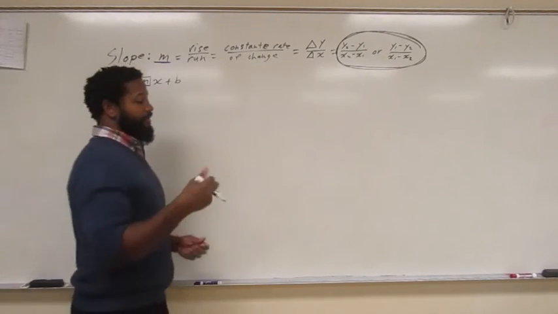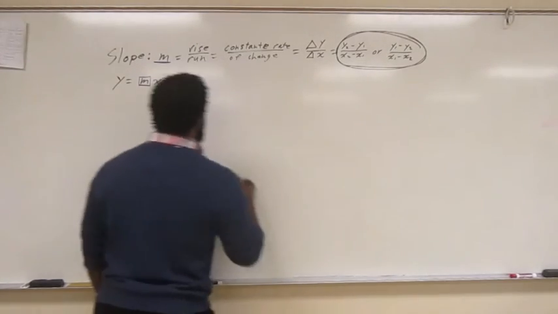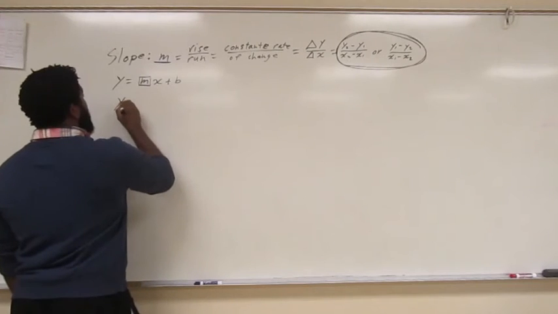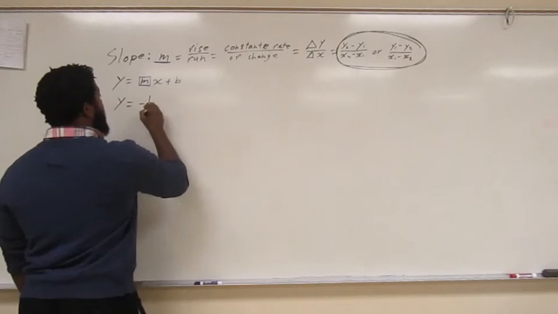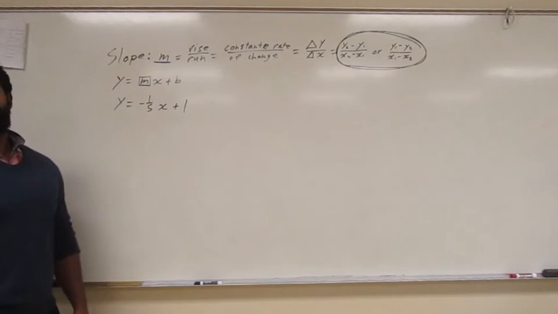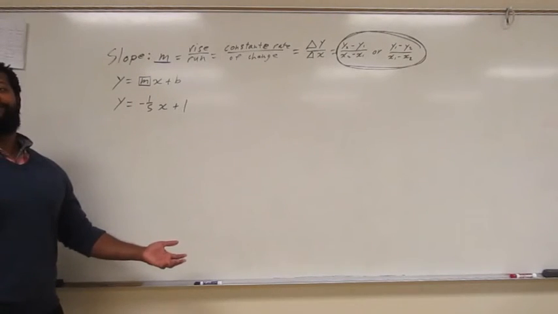So, for example, if I were to say y is equal to negative 1/5 x plus 1, Ms. Dunbar, what's our slope?